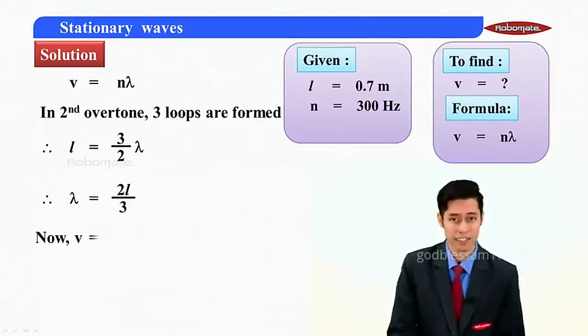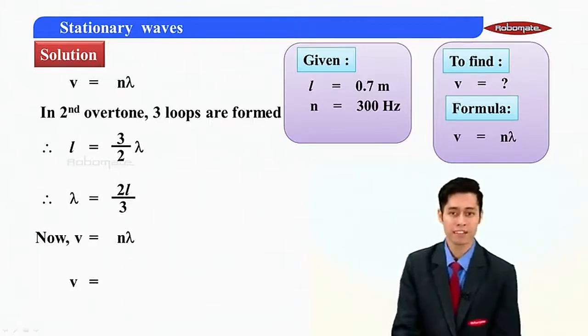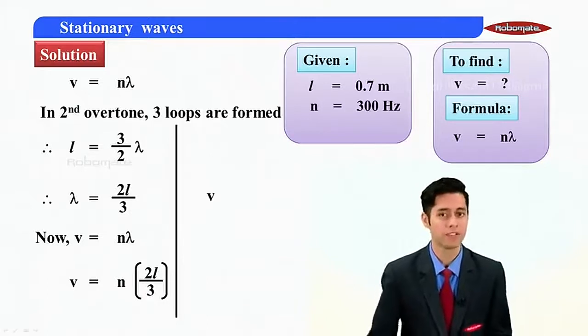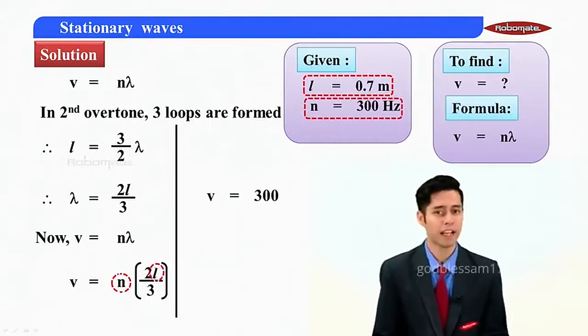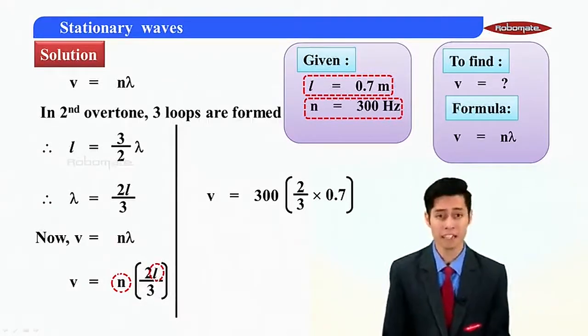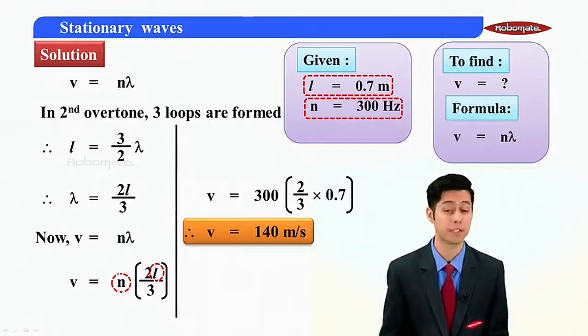Substituting this in the above equation, V is equal to n lambda, that is n multiplied by 2L by 3. On substituting all the values, we get 300 multiplied by 2 into 0.7 divided by 3. On solving this, we get the final answer for velocity as 140 meters per second.